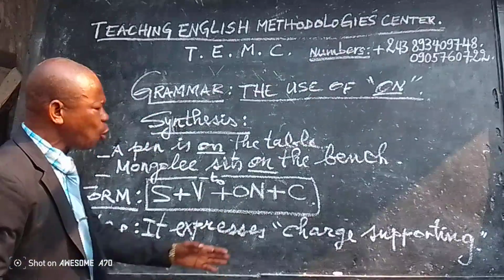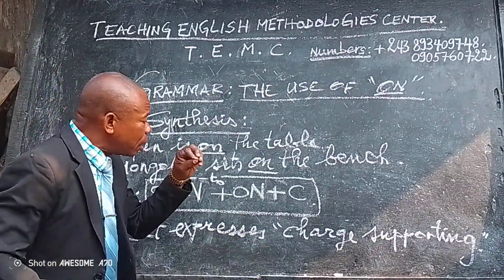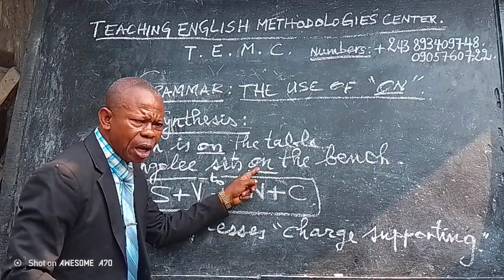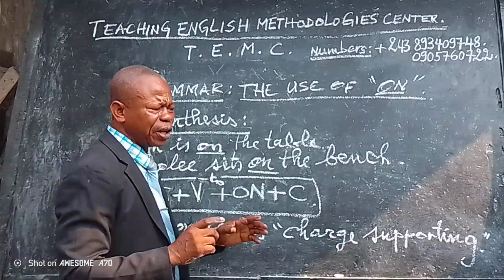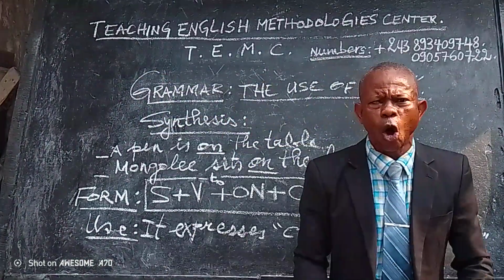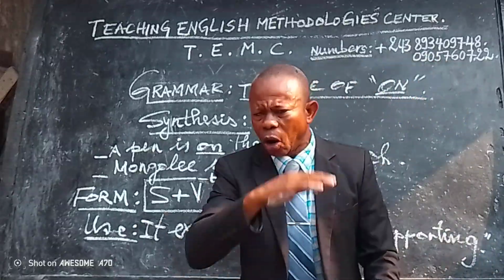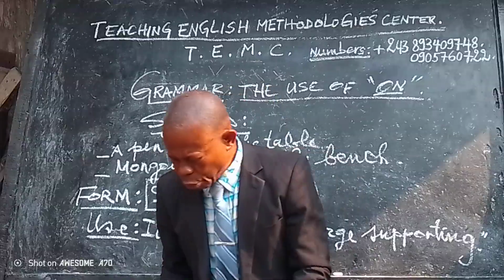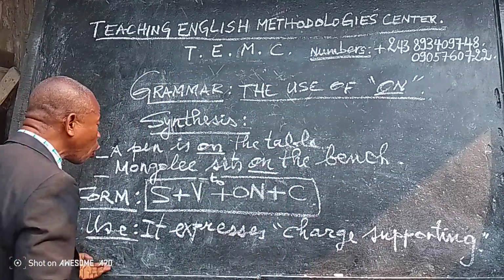Next time we are going to develop the other uses of on, because we can use on even about the day. For example, on Monday, on Saturday. So this lesson will come later on. You make now what we call reinforcement.